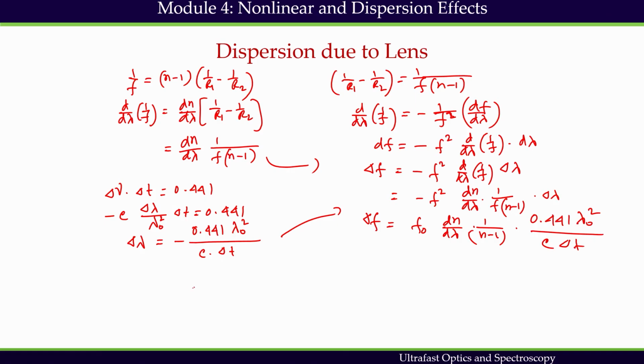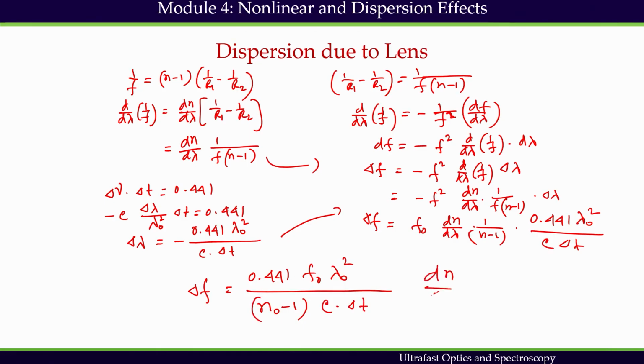So the final expression of delta f, the spread of the focal point, is going to be 0.441 f naught lambda naught squared divided by (n naught minus 1) c delta t, times dn/d lambda at lambda equals lambda naught, the center wavelength.